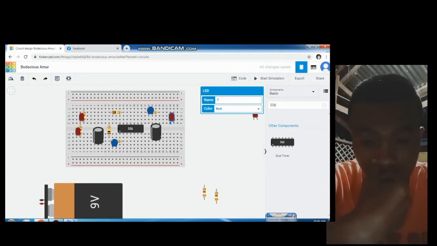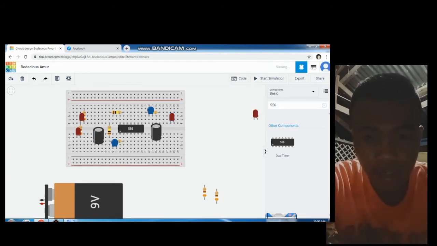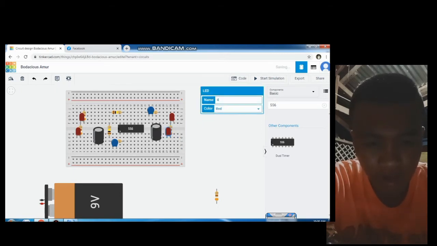Don't forget to change the capacitance of the components. Okay, let's deploy another LED.